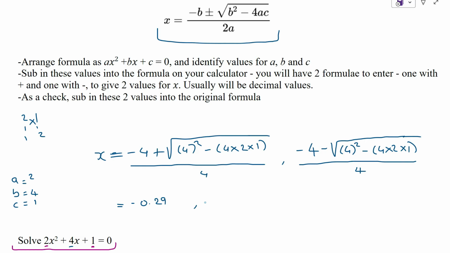So the second value for x, again to 2 decimal places, is minus 1.71. And here you can see why we couldn't factorize, because when the values of x are decimals, they can't be input into brackets. We're only dealing with whole numbers when we do that.